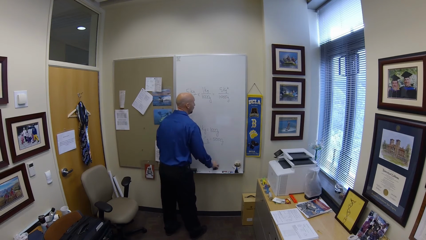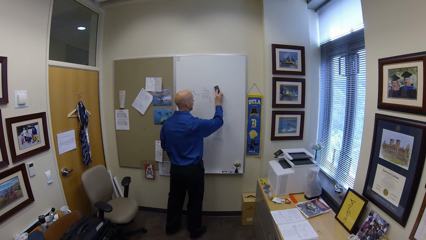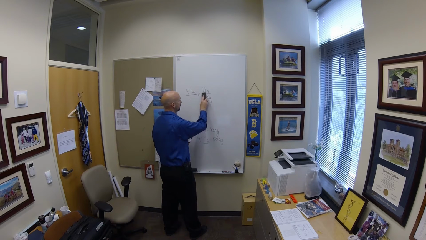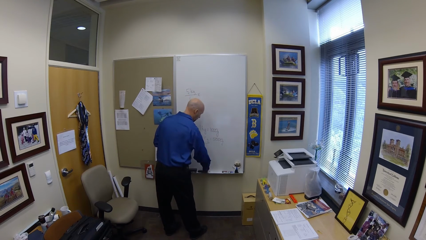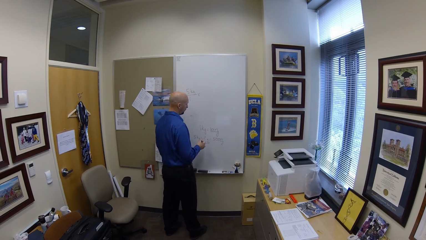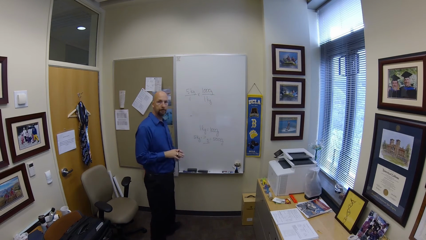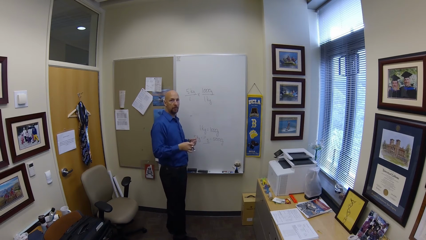So what I know when that happens, I know that I need to flip this conversion right here, okay? So you can write it either way depending on what you're trying to convert from. So I can write it as 1,000 grams over 1 kilogram, okay? Now, before I do any math, I'm going to double check.